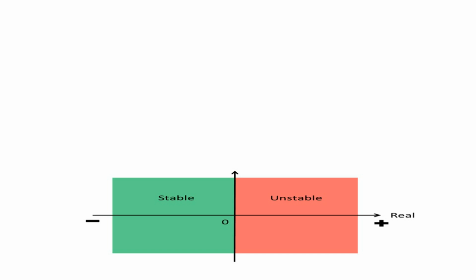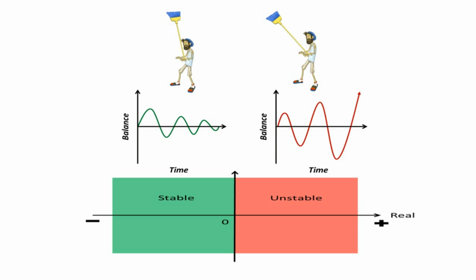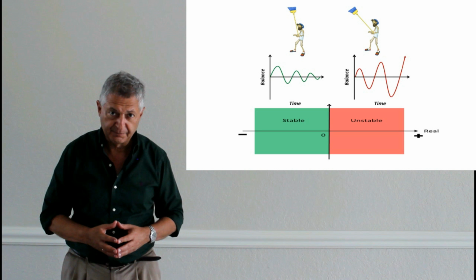So how is this performance related to the S domain? Let's take a look at the two cases. At first, when the stick is being stabilized, we can see that everything is okay. Even though it goes back and forth, back and forth, it's still stable. On the other hand, when it's unstable, the amplitude, as you can see, becomes larger and larger, and finally the stick falls.